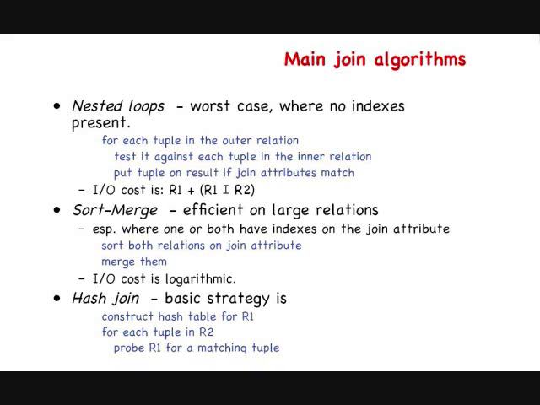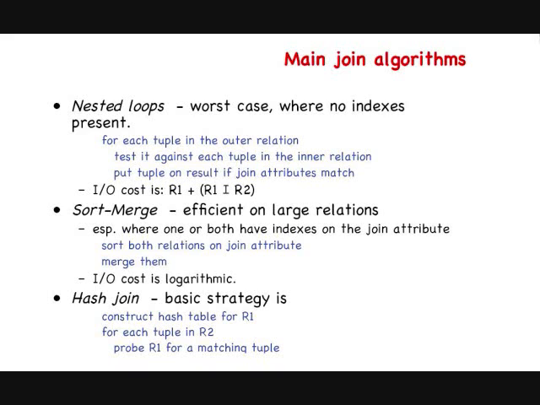You have to have nested loops. Nested loops is the only join algorithm which works regardless of any indexes, regardless of what file organisation you've got, and so on. So if there is nothing else, you can make nested loops work.